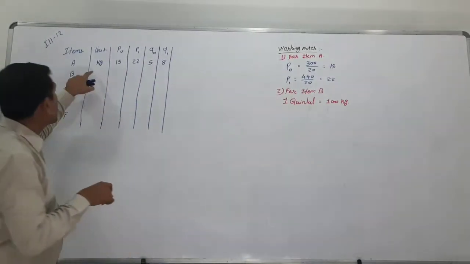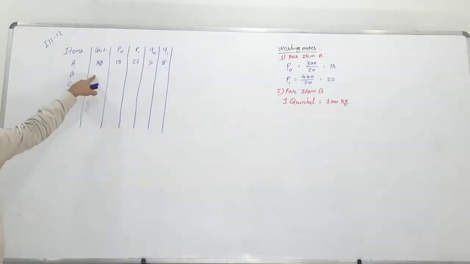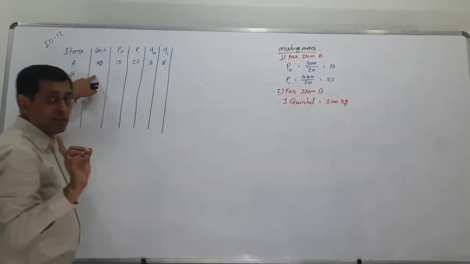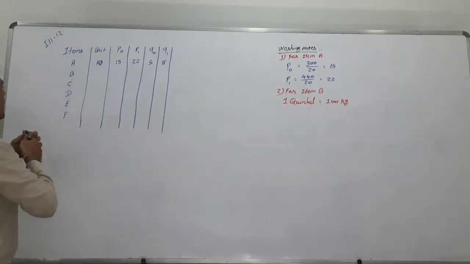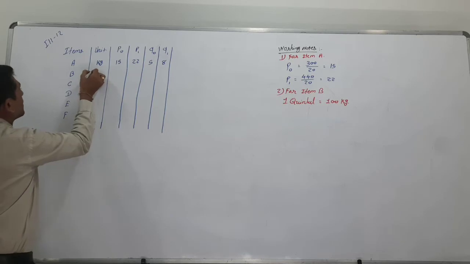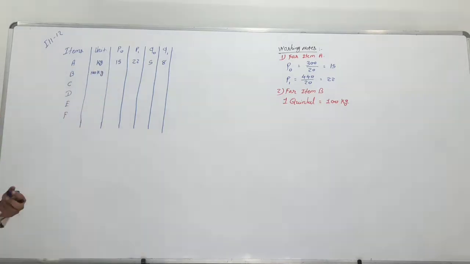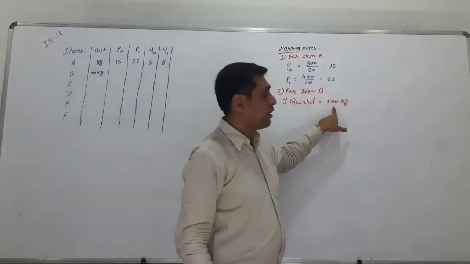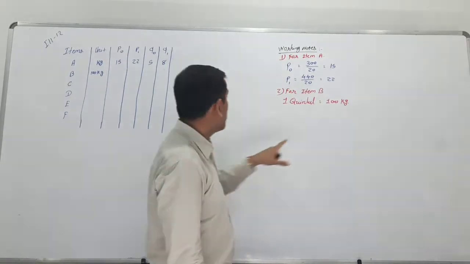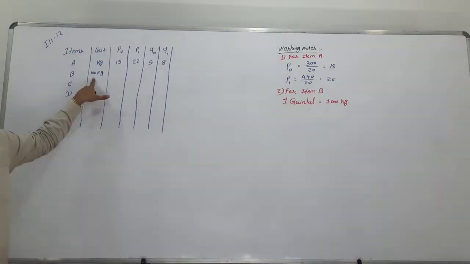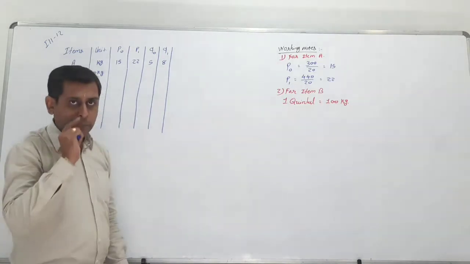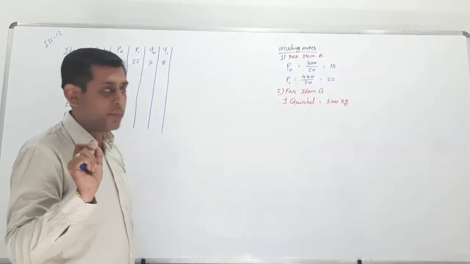We are removing that 20 by dividing with the price. Here again quintal is given in item B, and I am converting 1 quintal, that is 100 kg. So here the question says that 100 kg is given. Okay, so here in the question 100 kg is given, and here in the quantity column kg is already given.